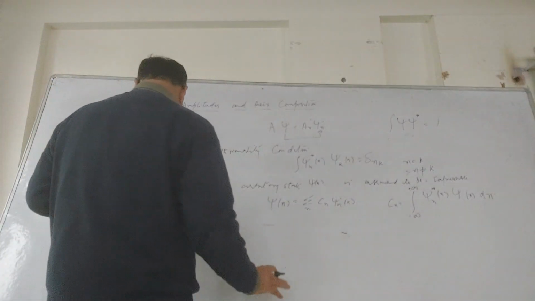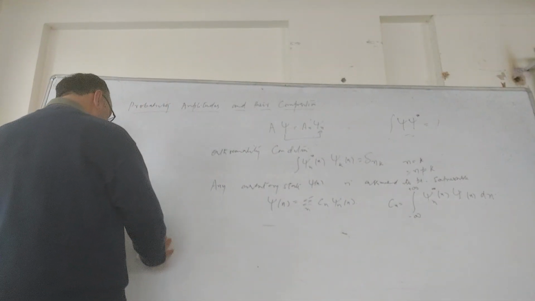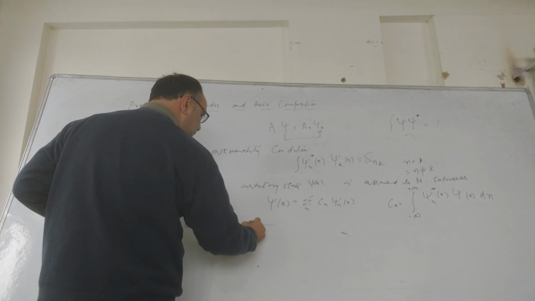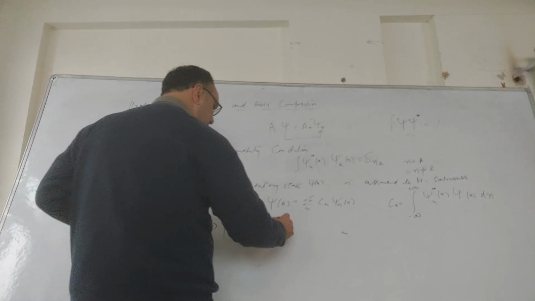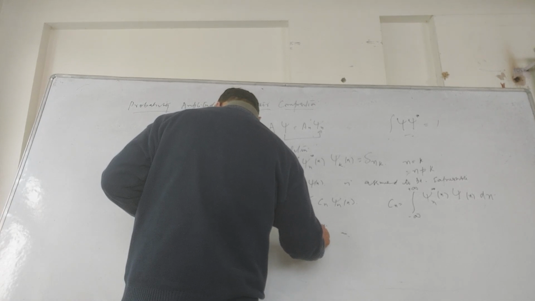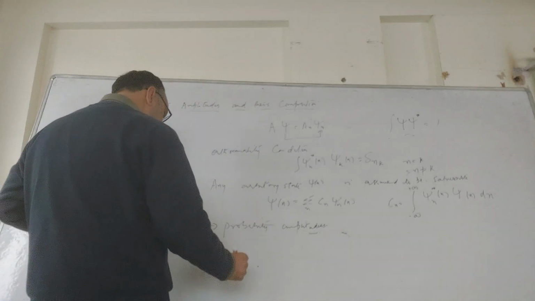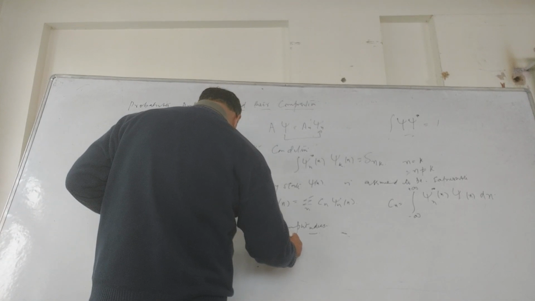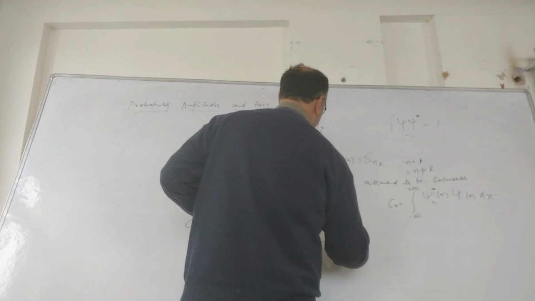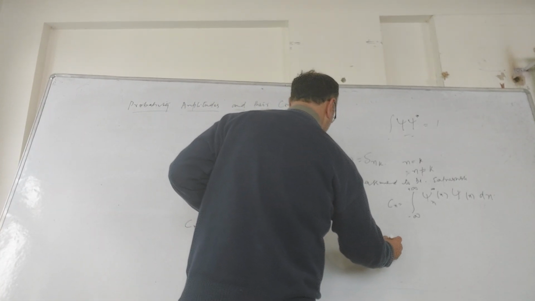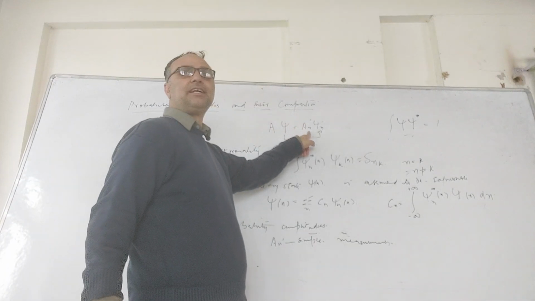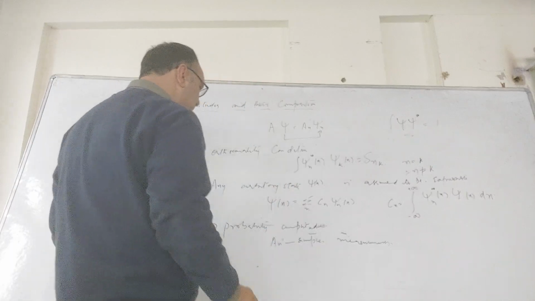Now the coefficients Cn are also called probability amplitudes. And A n can be simple measurements of A. The operator A acting on the state will give us A n.